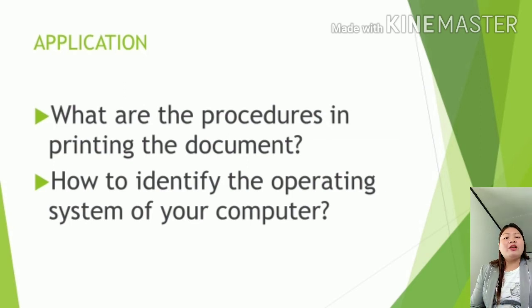And in the file menu, the print dialog box will appear. And then you will choose the copies, how many copies you want. Then after that, the printer, what's the printer available, and then the margin, the orientation, and then you are going to click print.